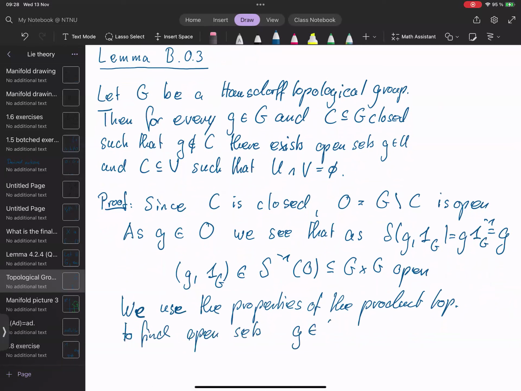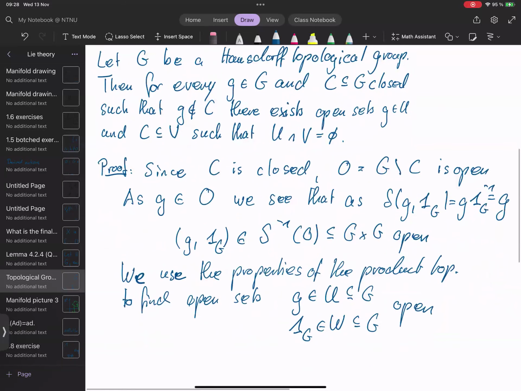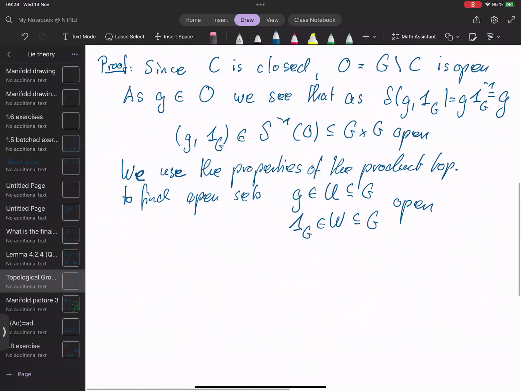So g is contained in U. This is an open subset of G. And the unit element is contained in a set we call W, which is also contained in G, and both of them should be open. So we can find these two open sets such that the Cartesian product of U with W is contained in the open set, which is the pre-image of O under delta.